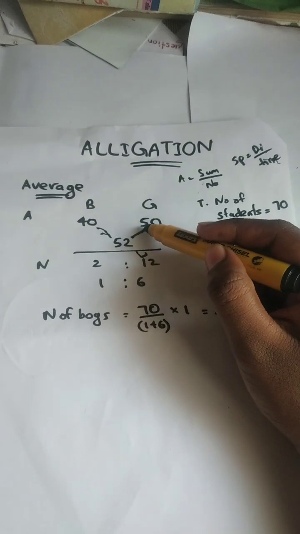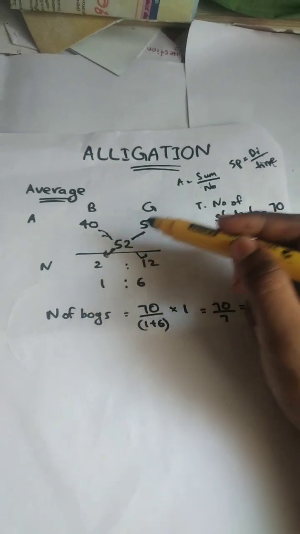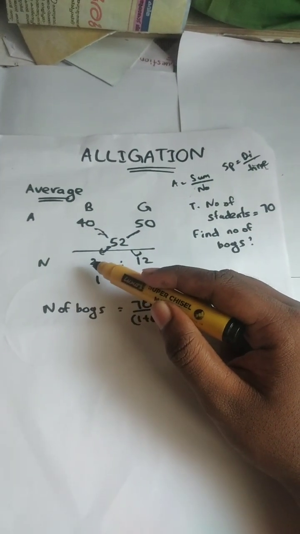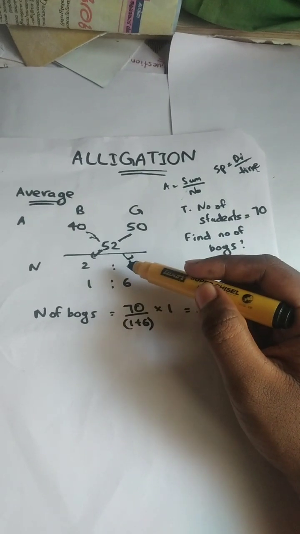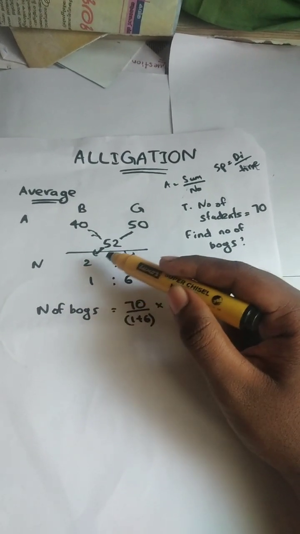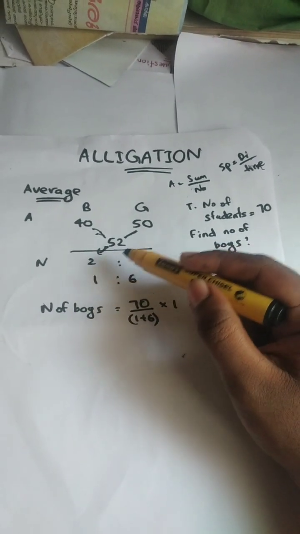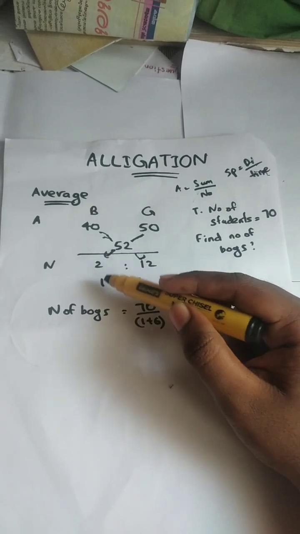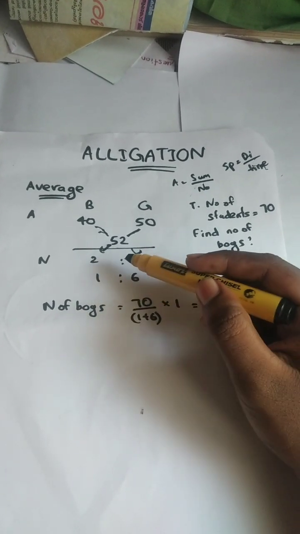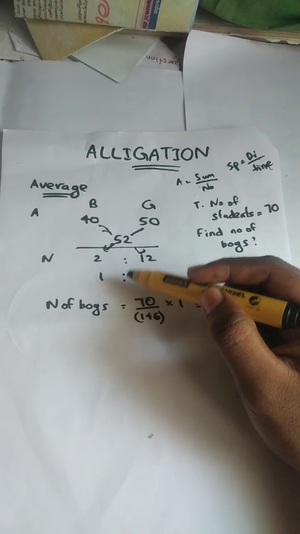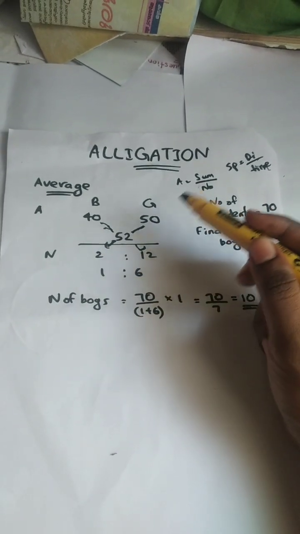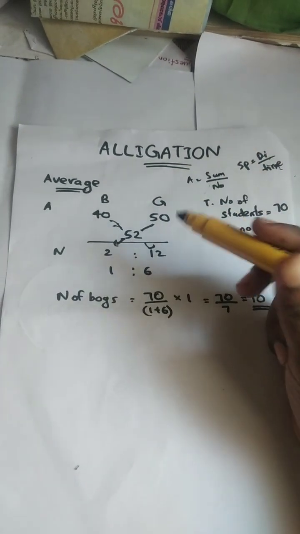Subtract 52 from 50 and write the answer on the other side. Subtract 52 from 40 and you get 12, and write it on this side. So you get the ratio 2 is to 12. We can cut it down: 2 changes into 1 and 12 changes into 6. So 1 is to 6 is the ratio of boys to girls.